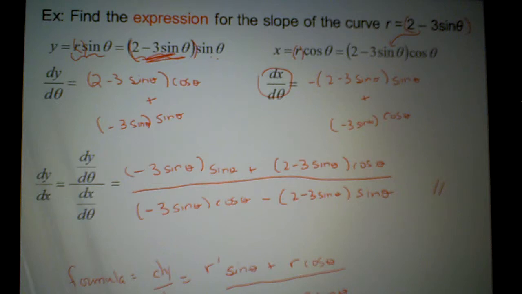So if I remembered my formula straight up, I would have just looked at r, taken its derivative, multiplied it times sine, copied r, multiplied it by cosine, and done the same thing in the reverse order, taking the derivative times cosine minus the original r times sine in the denominator. But if I forgot that or forgot the order, I can just refer back here, and I will get to the same place.